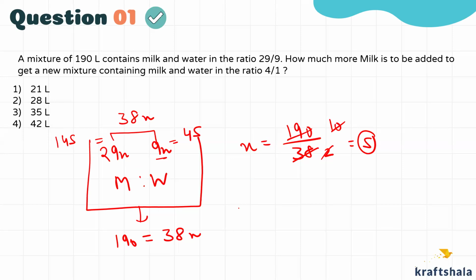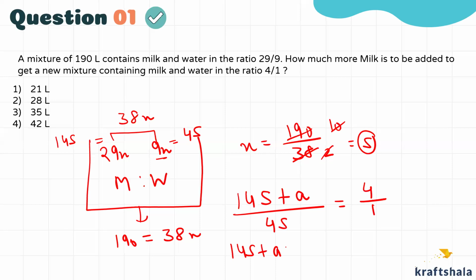तो देखो मिल्क को कितना ऐड किया वी डोंट नो. लेट्स से a quantity ऐड किया, right? I assume the value to be a. Let's keep water as same because water is unchanged and the final ratio is 4:1. Now you can simply cross multiply.